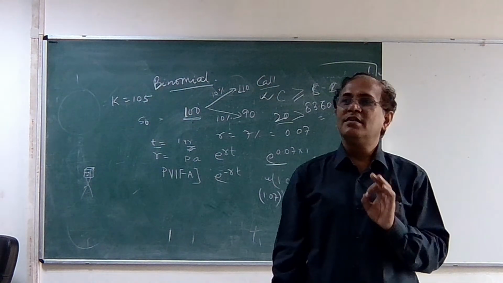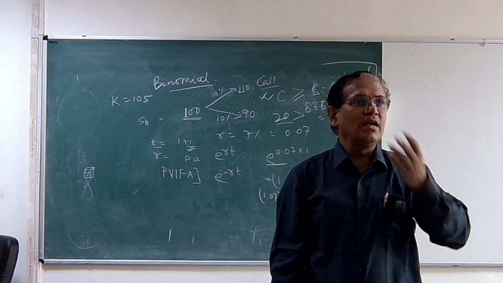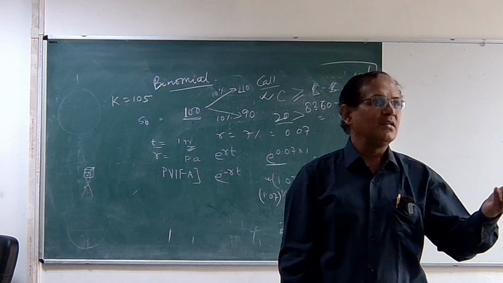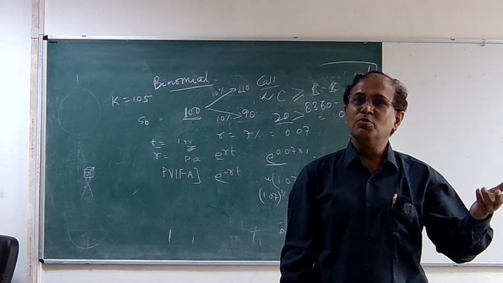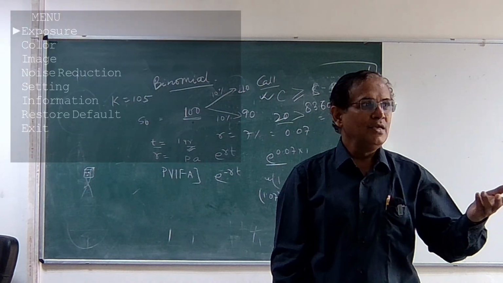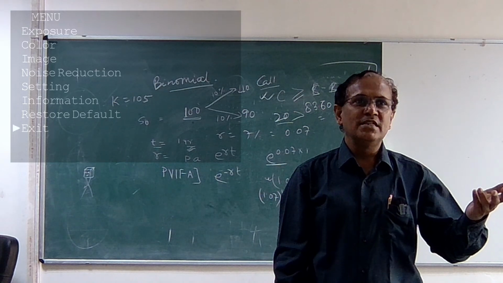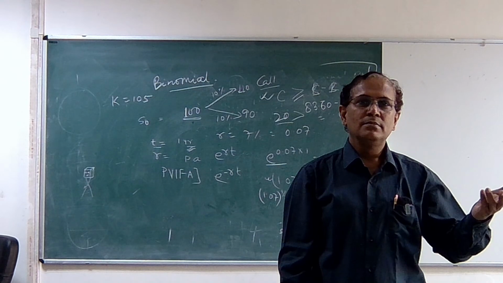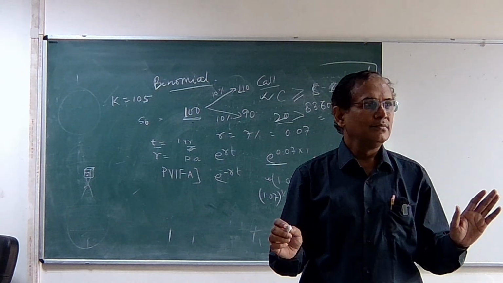So now the question is ready. A stock is right now trading at rupees 100, which is expected to move either 10% up or down. If an option seller is setting a strike price of 105, what should be the call premium? Simple question. 5 marks.